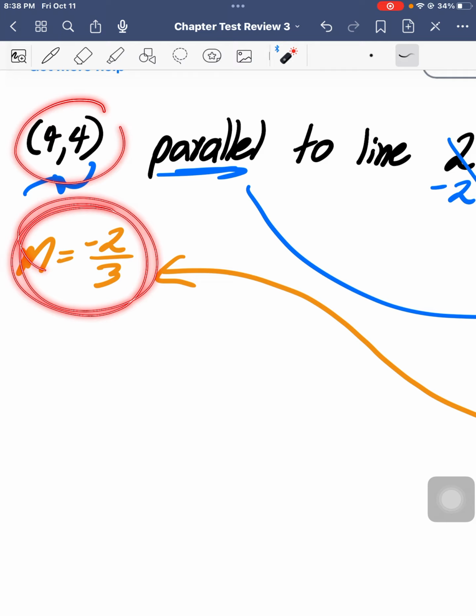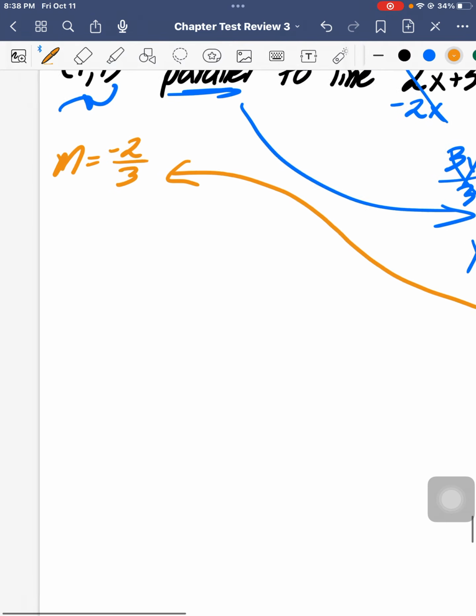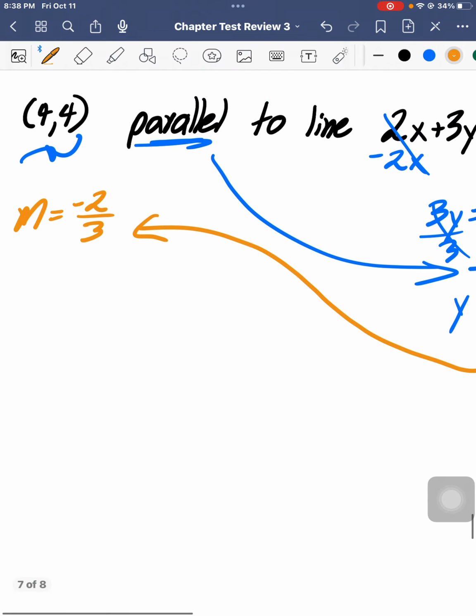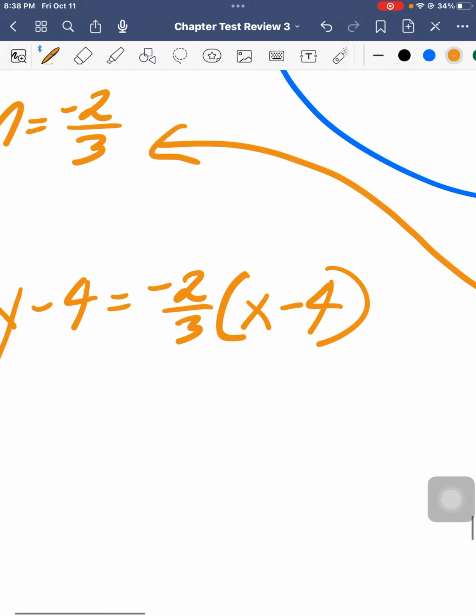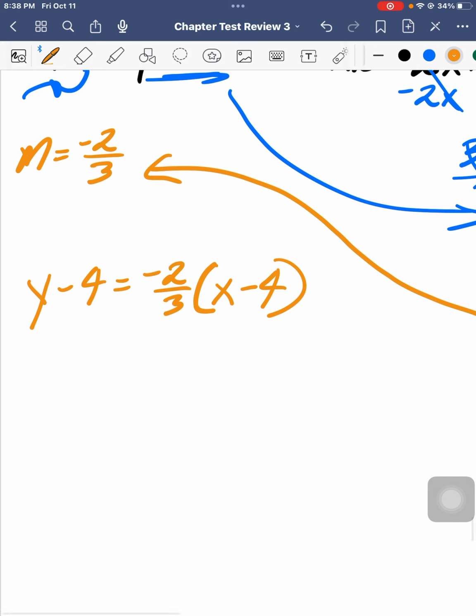Now I have my slope, I have my point, so I'm going to put this into point slope form. y minus 4 equals negative 2 over 3 times x minus 4. And now I'm going to turn this into slope-intercept form.